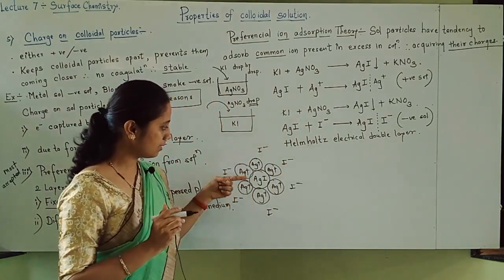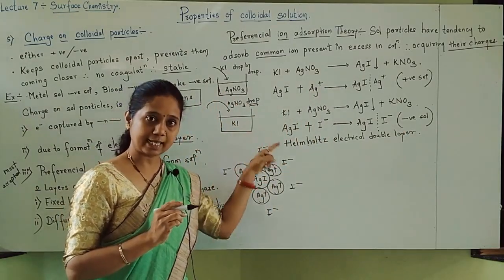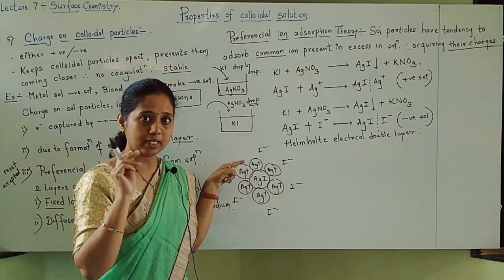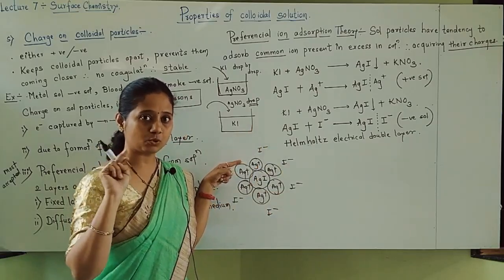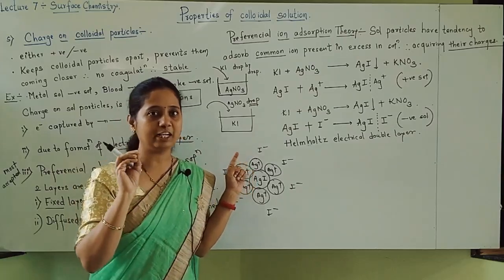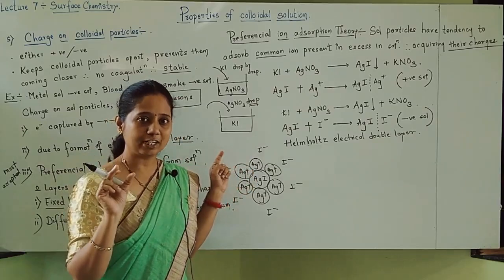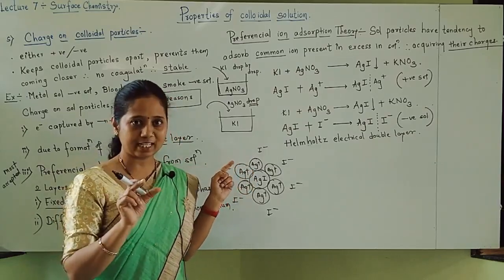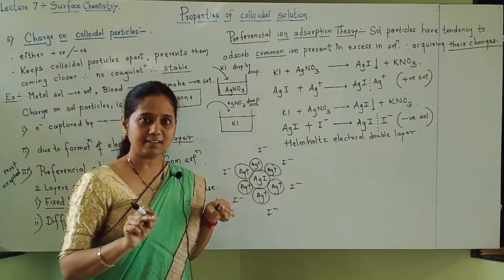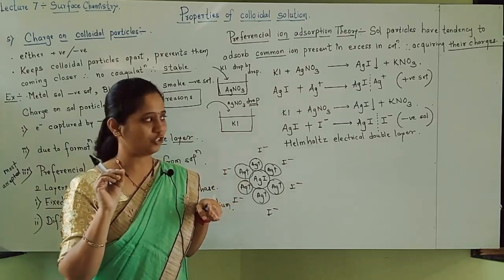Now students, the first layer has some charge, the second layer has some charge. These charges are opposite to each other and there happens a potential difference between these two layers. The potential difference between the fixed layer and the diffuse layer is called zeta potential.